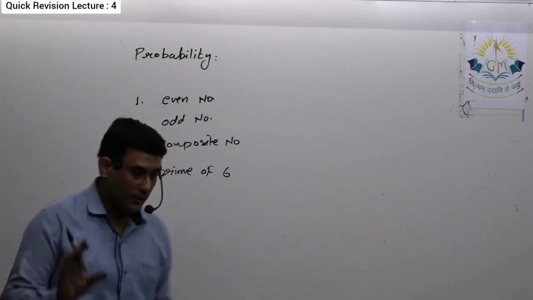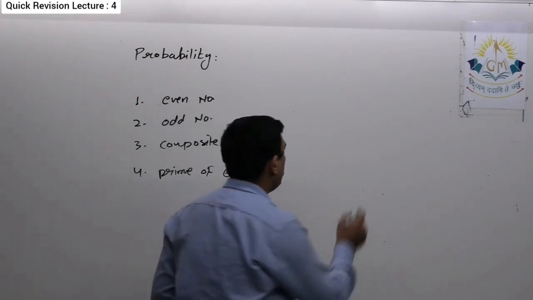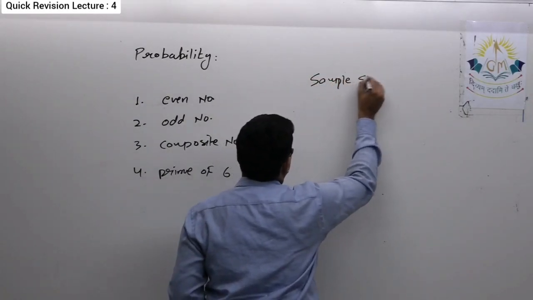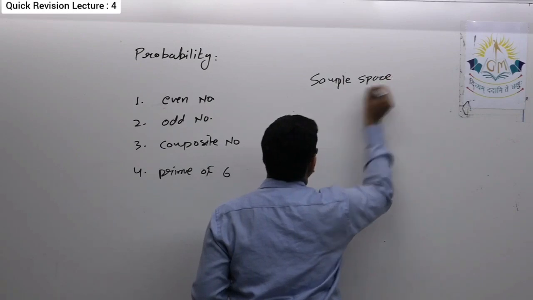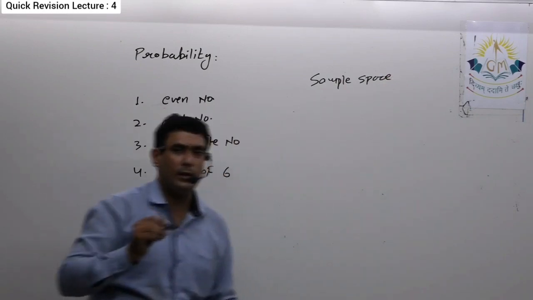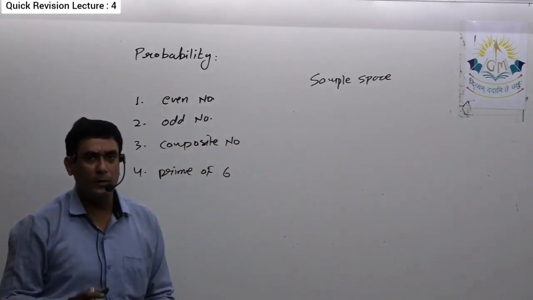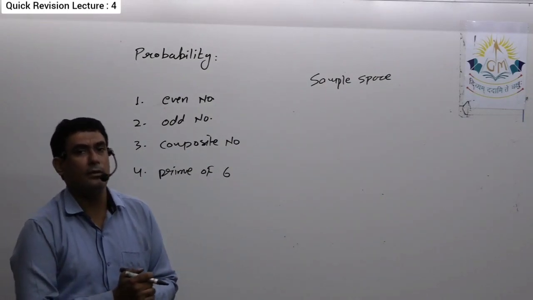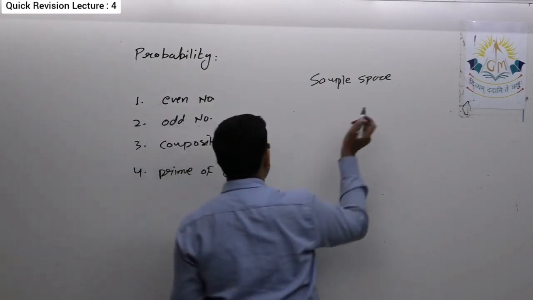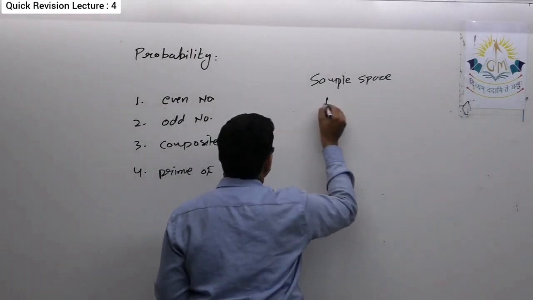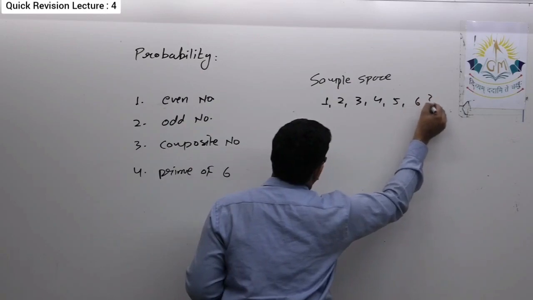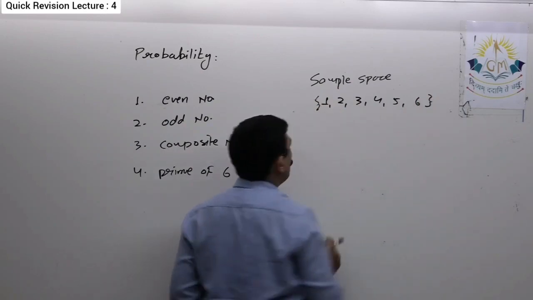There is one more word associated with probability, called sample space. Sample space means the set of all the possible outcomes associated with that event. For example, if we throw a dice, then 1, 2, 3, 4, 5, 6 is the sample space.